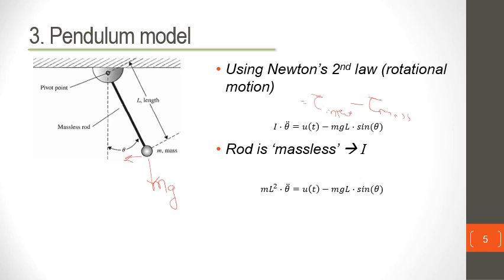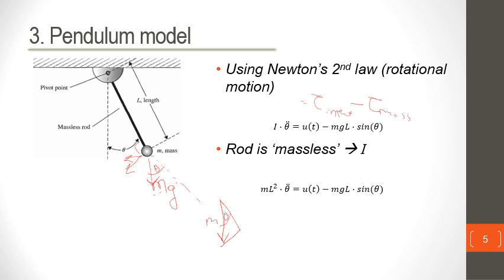The restoring force in this case is a component of the weight of the mass, which is mg, acting this way, perpendicular to the rod. That force can be obtained by extending a right angle triangle here. You will see that force is simply mg times sine of theta, if there is theta here.